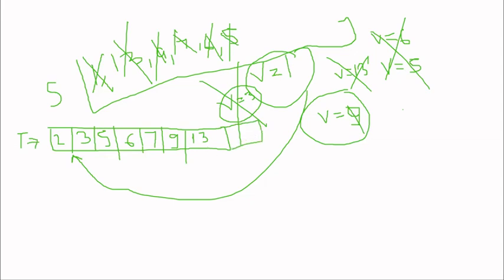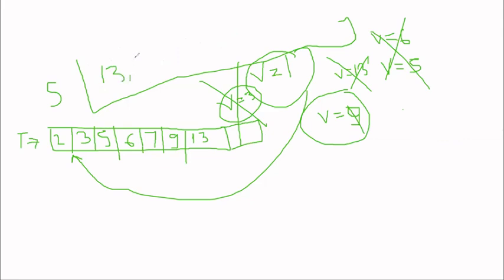So again, we'll keep on popping elements from this stack, and we'll keep on adding them into the main stack: 13, 9, 7, 6, 5, 3, 2, until we reach an element that is less than the top of this stack.